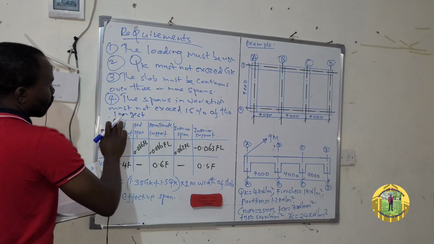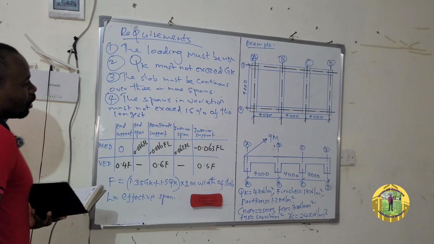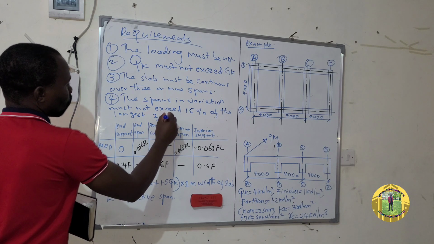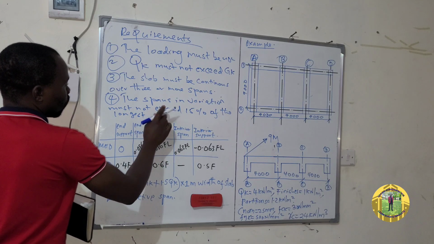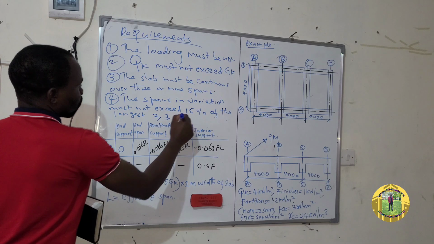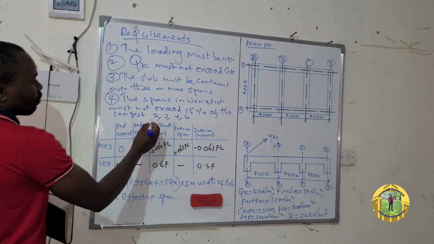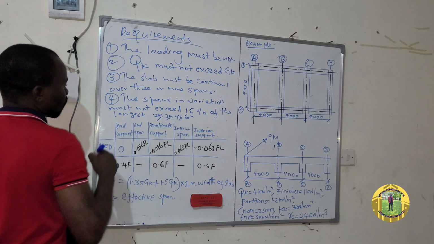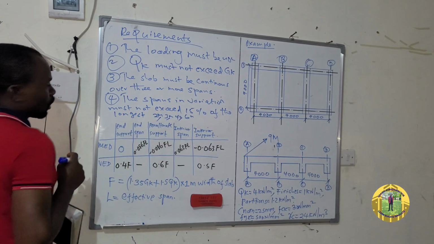This means if you have spans with different effective lengths, let's go with 2, 3, 4, 6. The spans have effective lengths of 2 meters, 3 meters, 4 meters, and 6 meters. So the smallest is 2 meters and the longest is 6 meters.